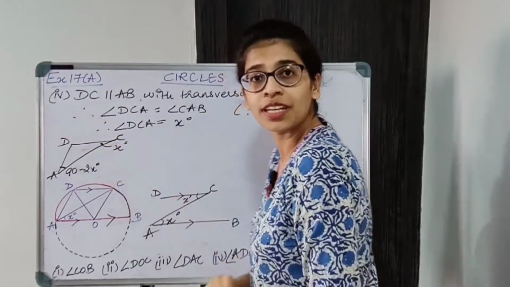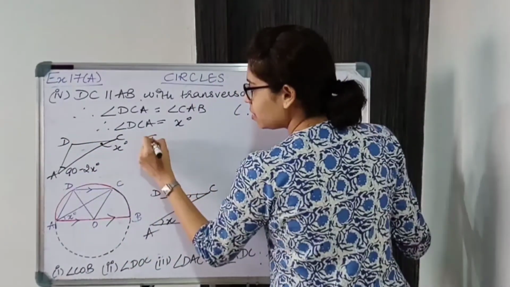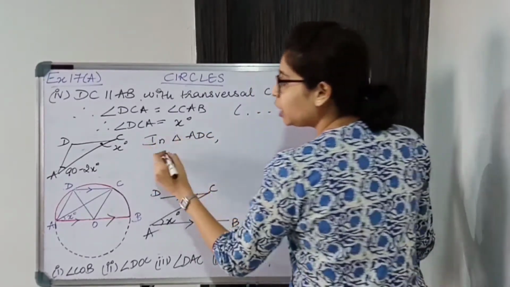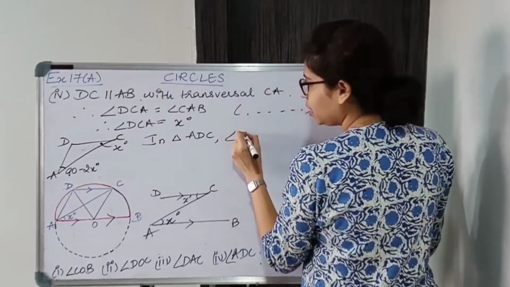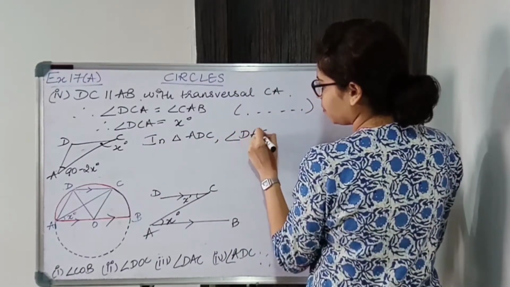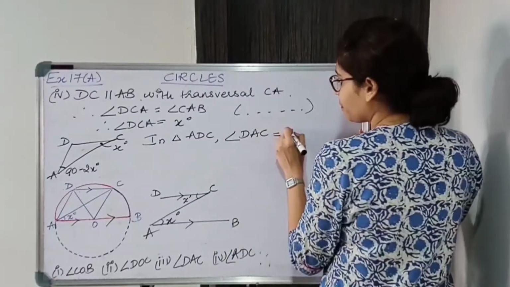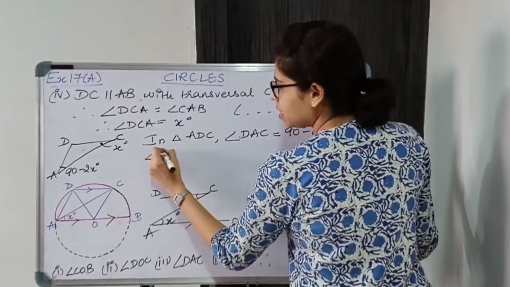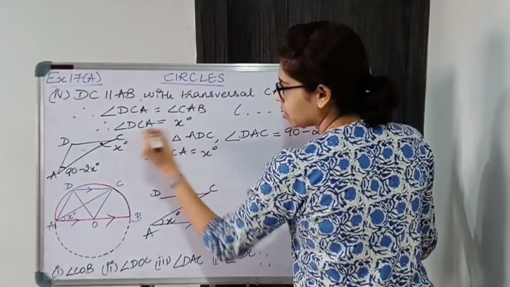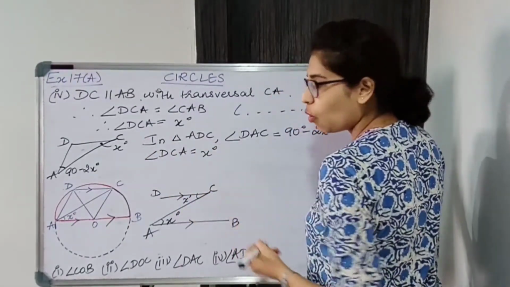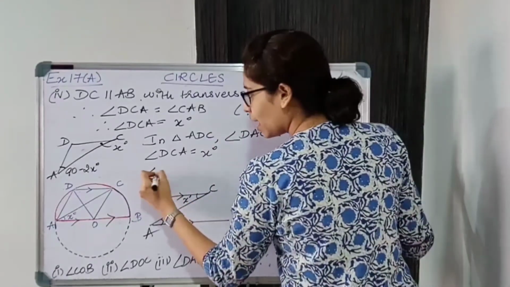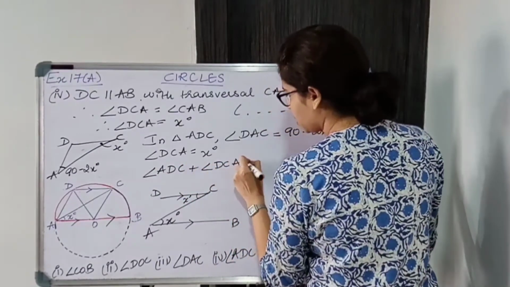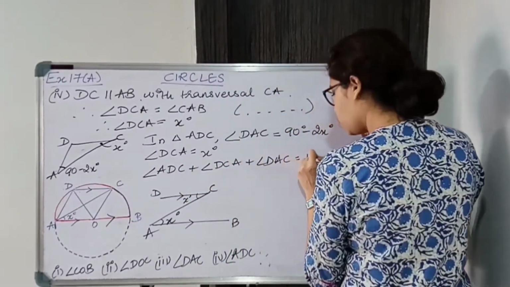Now we'll consider the triangle. So in triangle ADC, we know angle DAC. We just found angle DAC. It is 90 minus 2x. Angle DCA is equal to x degrees. This also we just found. So we can easily find the third angle. So angle ADC plus angle DCA plus angle DAC is equal to 180 degrees.